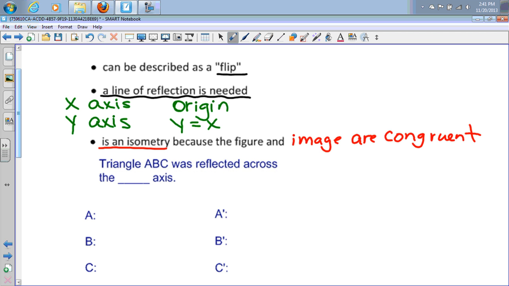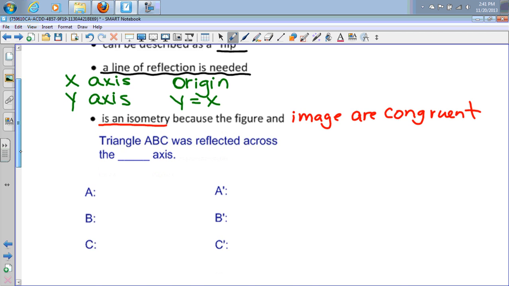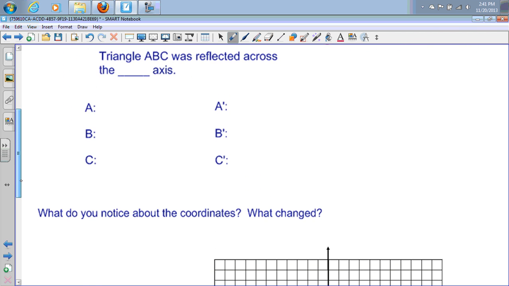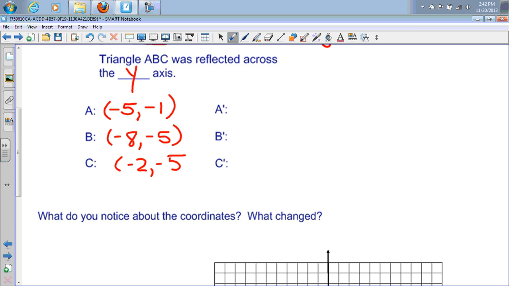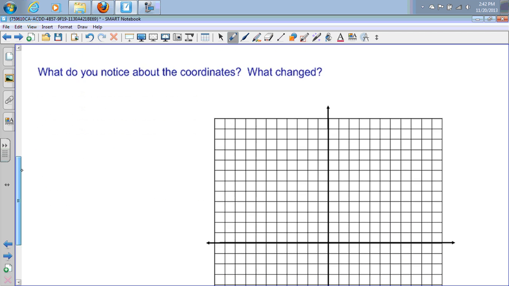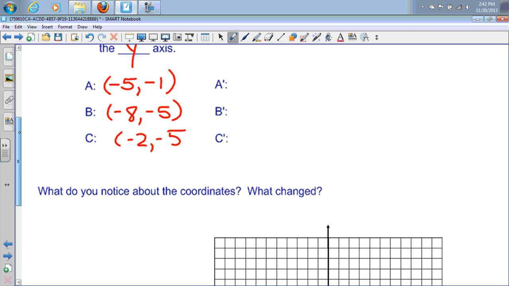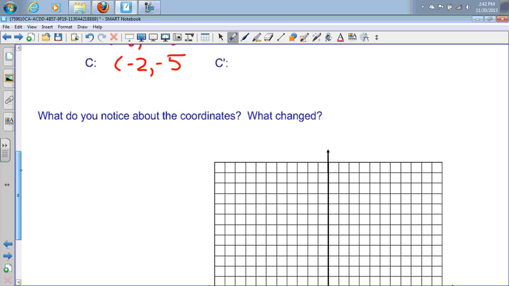We're going to look at triangle ABC, and it's going to be reflected across the y-axis. Okay? Here's the ordered pair for A. Here's the ordered pair for B. Here's the ordered pair for C. Pause the video and graph those coordinates on this grid below.